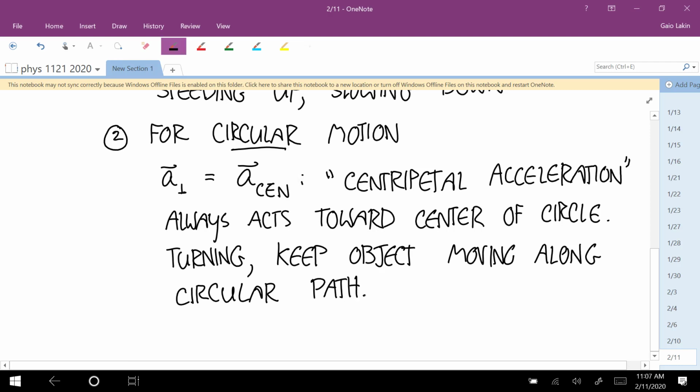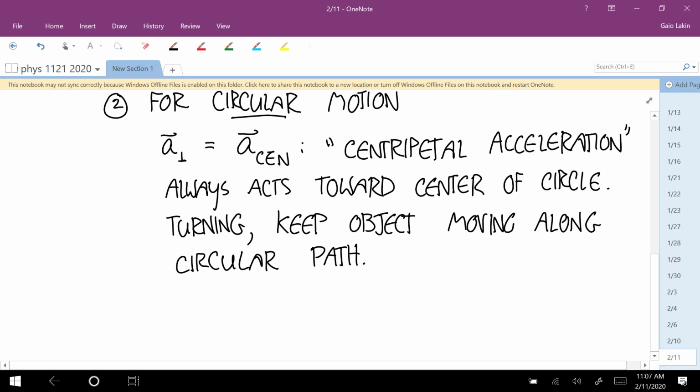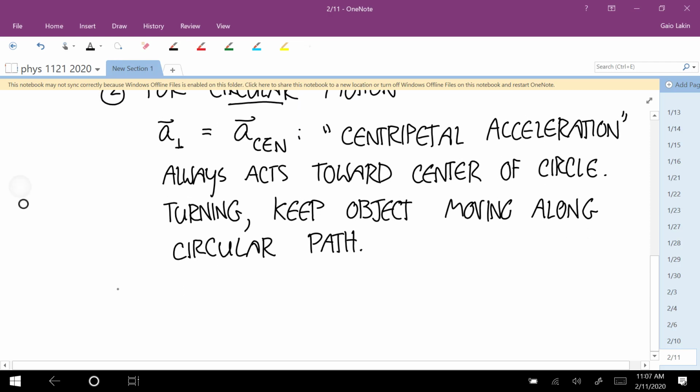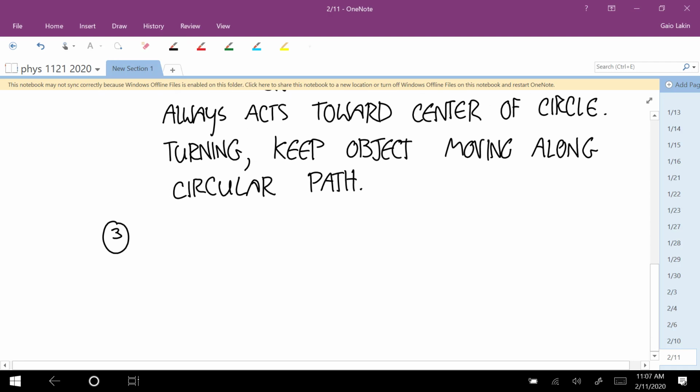And then there's a third thing that's different for circular motion than other types of motion. And that is, we're going to have ways to calculate the magnitudes of these two parts. So it's not just about visualizing the directions.